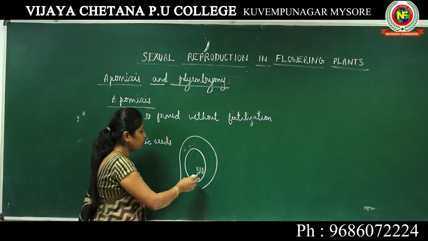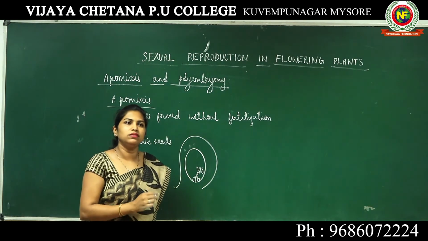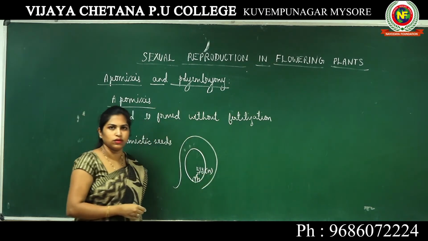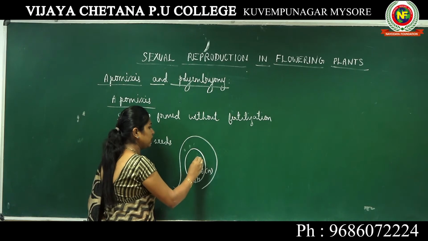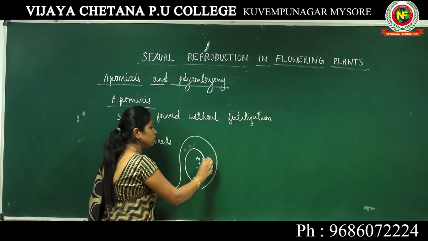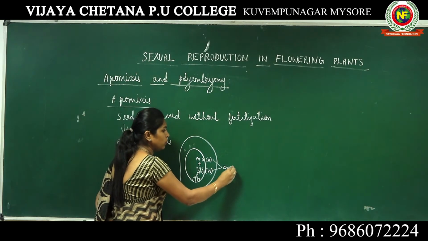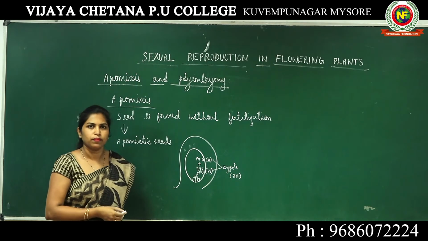Female gamete is generally expected to be haploid in nature, because when this fuses with the male gamete, which is also haploid, this results in the formation of a zygote, which is diploid in nature.